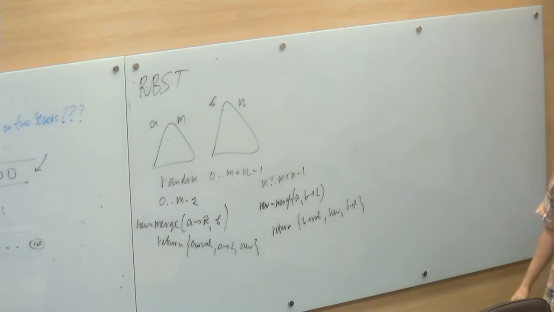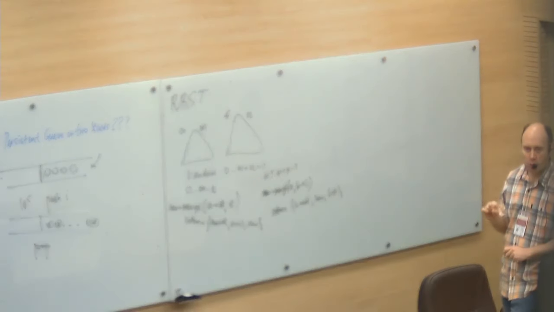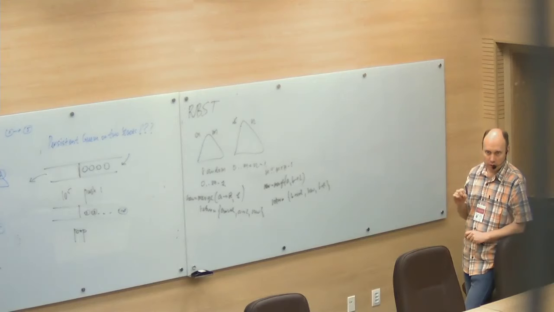If we do it like this, each vertex of the resulting tree has the same preliminary chance to become the root of the final tree.